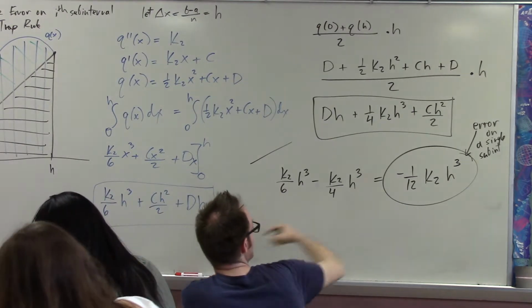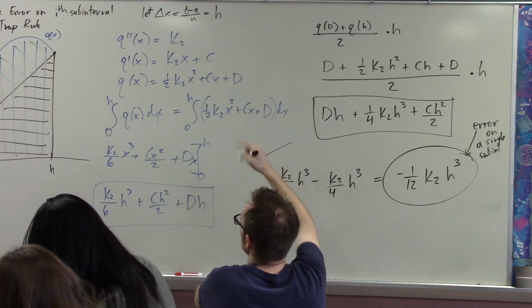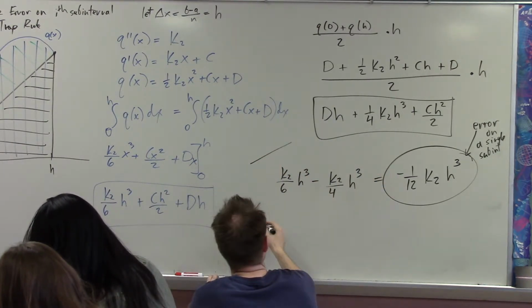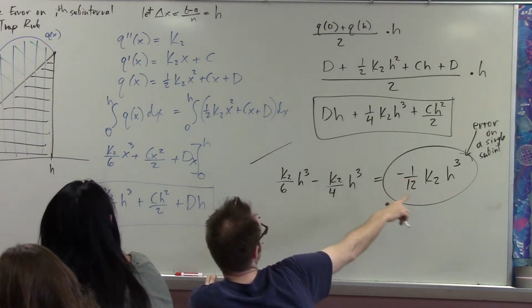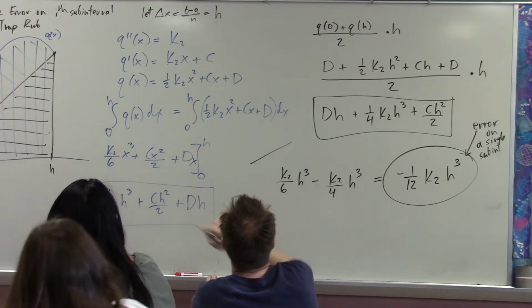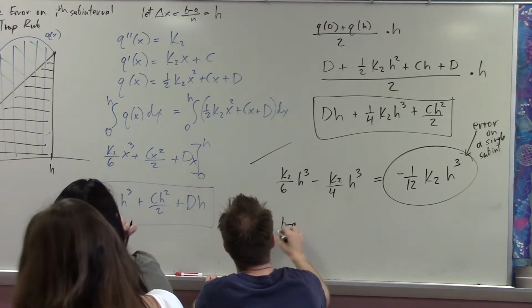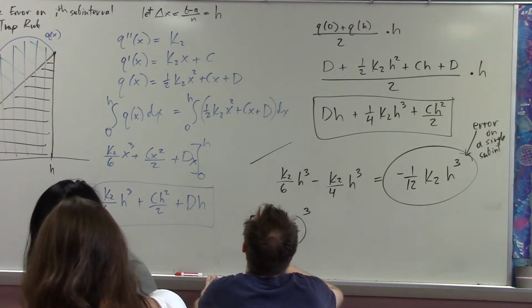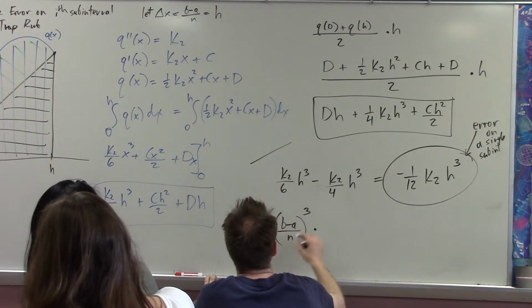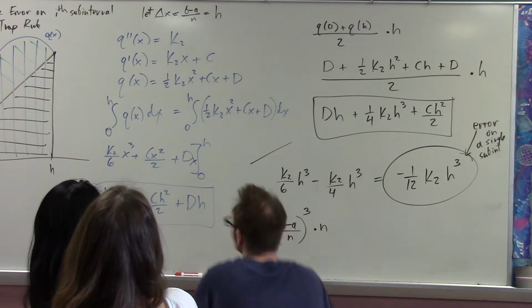My actual answer is, I'm going to just drop the negative because error is a positive quantity. So this is k2 over 12 times h cubed times n, where h was just our temporary substitute to make our algebra prettier for b minus a over n.